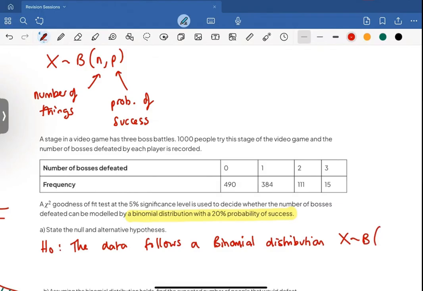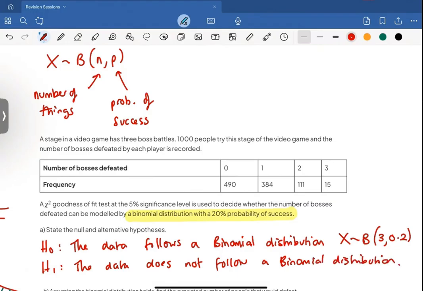So how many bosses are there in total? There's 3 different bosses, and the probability of success is 0.2. And then our alternative is that it doesn't. The data does not follow a binomial distribution.